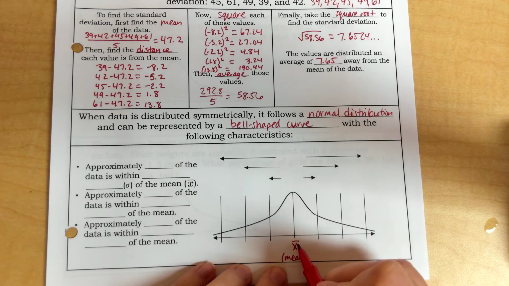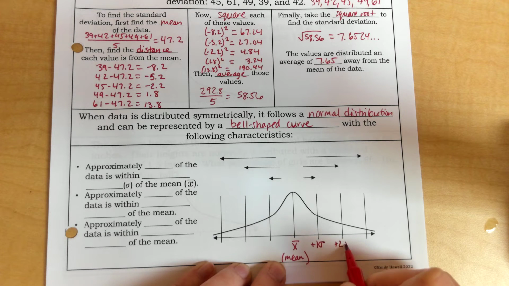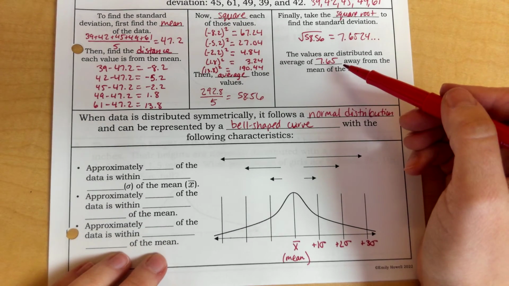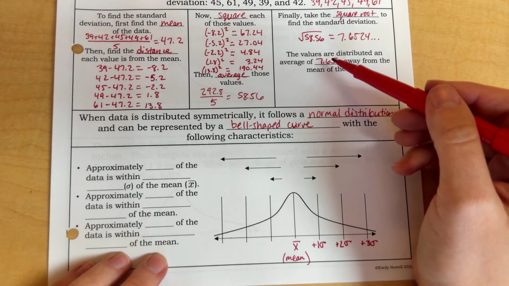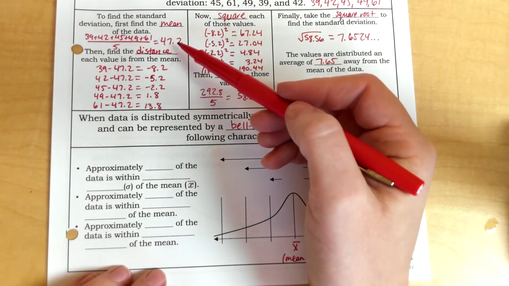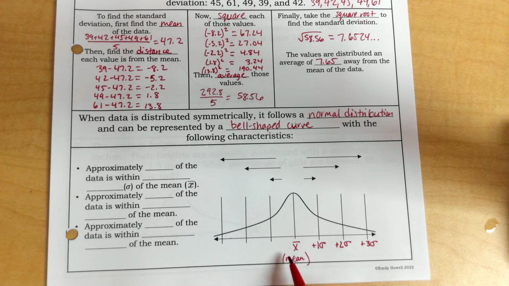Then we start sorting the data by going one standard deviation to the right, and then another standard deviation to the right, and another standard deviation to the right. Okay, so in this example up here, if this were normally distributed and 7.65 were the standard deviation and the average of the numbers is 47.2, then 47.2 would be here, and 7.65 plus that would be a value of 54.85.